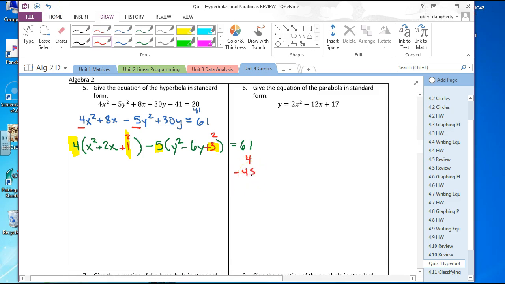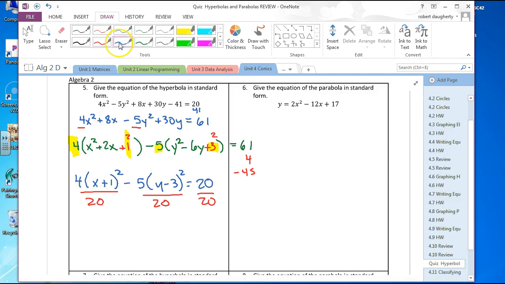So that's 65 minus 45, that's 20. So I get, as my factorization here, 4 times x plus 1 squared minus 5 times y minus 3 squared equal 20. If that's a hyperbola, I want it to be equal to 1. Divide everything by 20.